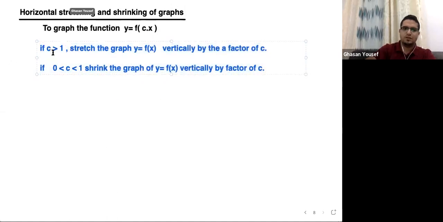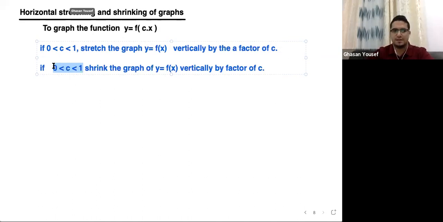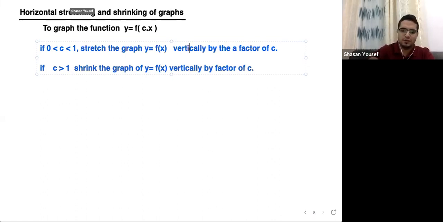If c is between 0 and 1, we're going to do stretching for the graph. And if c is greater than 1, we're going to do shrinking for the graph of y equals f of x, but not vertically, horizontally, by the factor 1 over c.